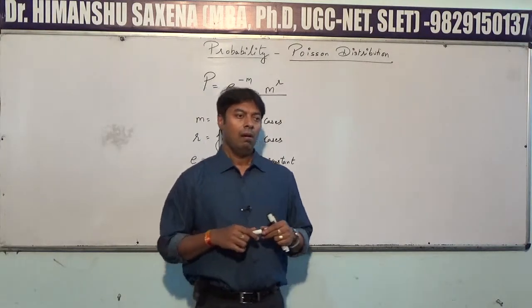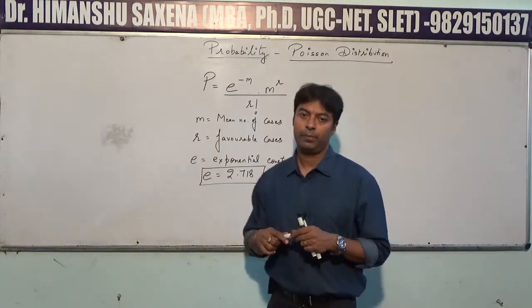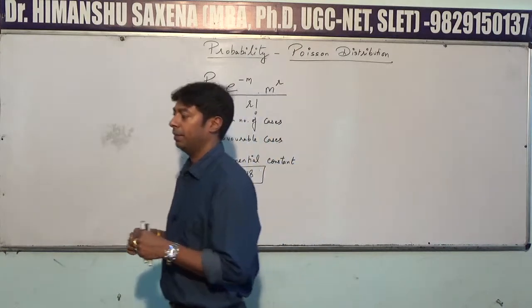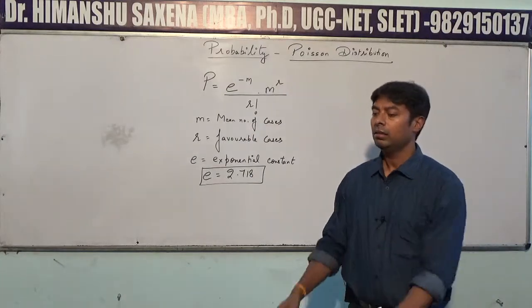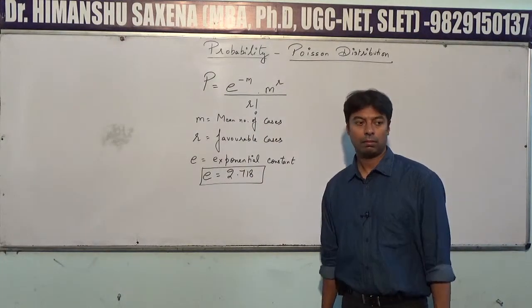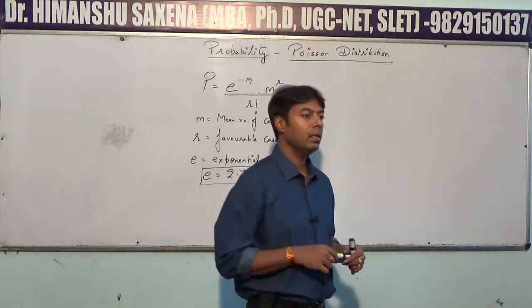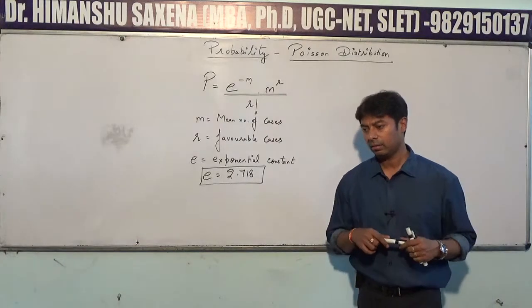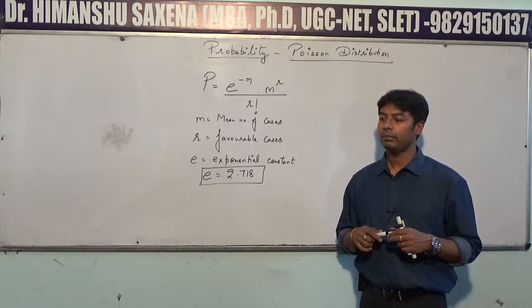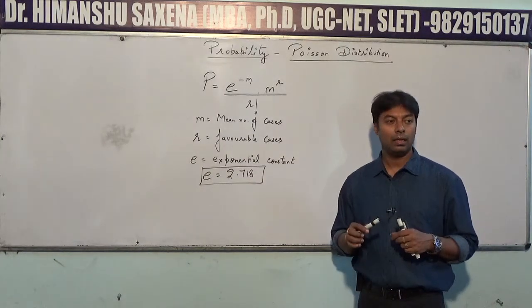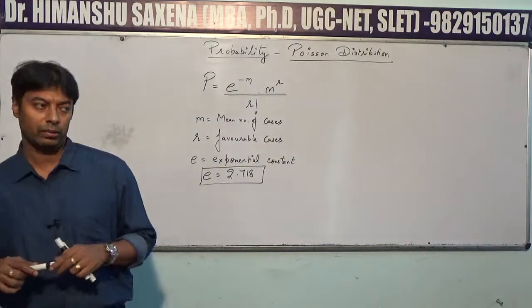Find the probability of less than 3 birds being killed in a week, using Poisson distribution.